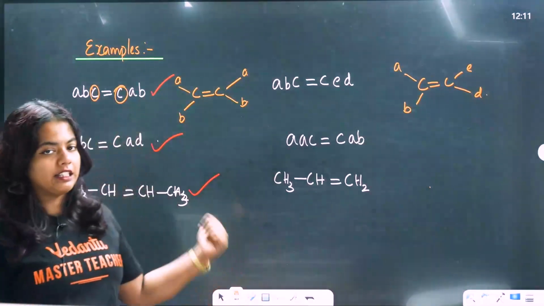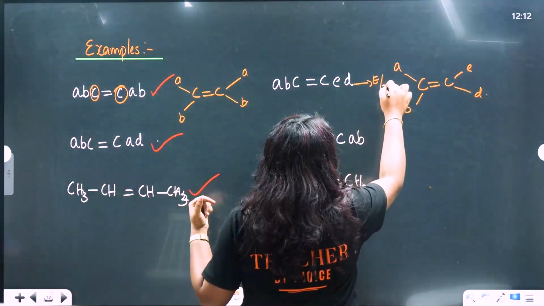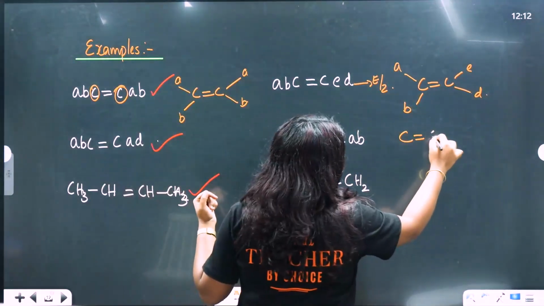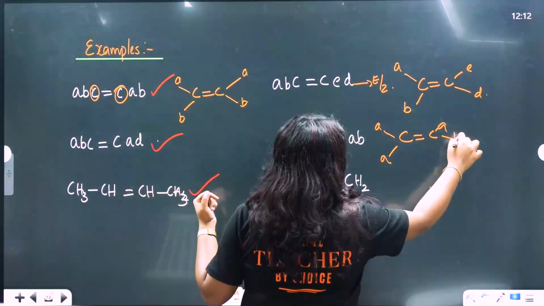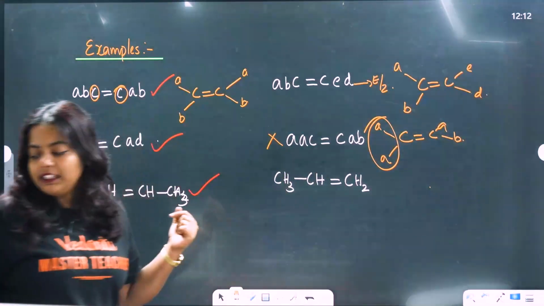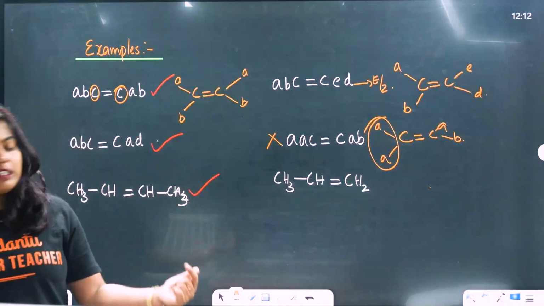We will learn that in that particular class itself. So for now you can write it as E and Z. Now here, the C double bond C with A and B means they have the same position, so they won't show this isomerism.